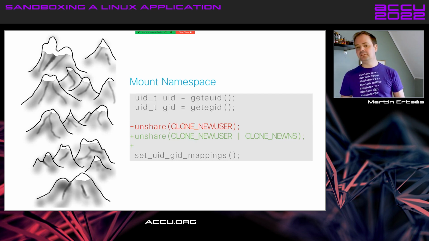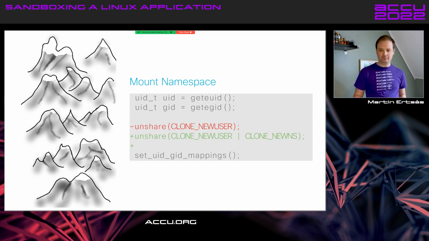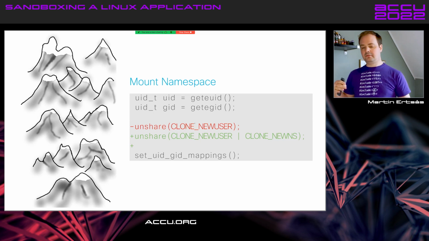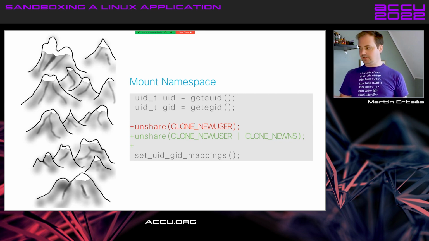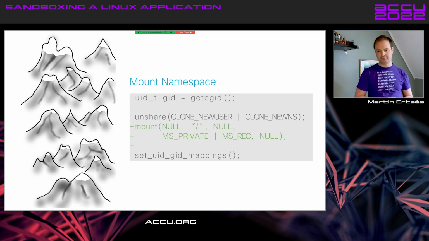To create and enter the namespace, you just add the CLONE_NEWNS flag, and that creates it. And after this, the file system hasn't changed. It looks exactly the same. And the first thing we need to do is this.